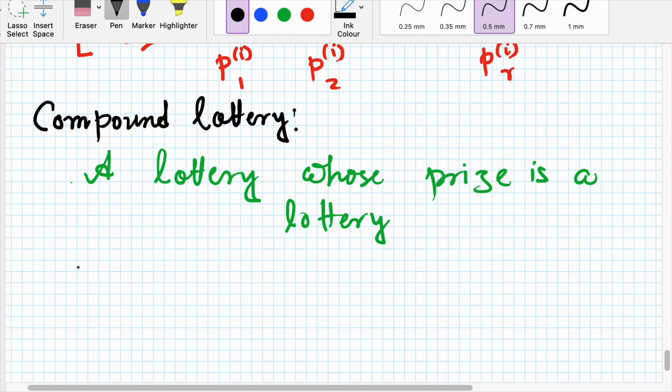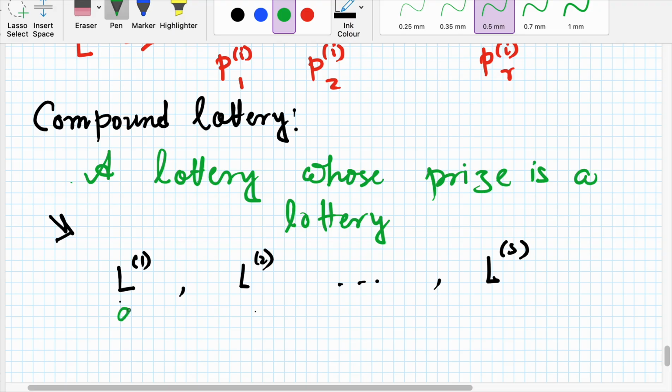So an example of a compound lottery is a lottery whose outcomes are L1, L2, LS, each of which is again a lottery, with probability Q1, with probability Q2, with probability QS.